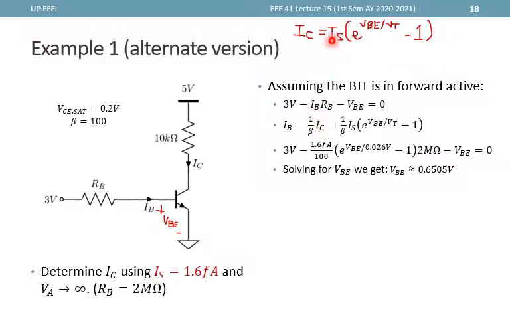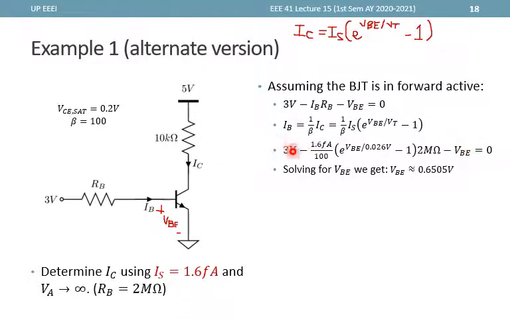But IC is equal to this equation here, so IB is 1 over beta times IS times (e to the VBE over VT minus 1). Substituting this IB expression into this equation, we have 3 volts minus 1.6 femtoamperes over 100 times (e raised to the unknown VBE over 0.026, assuming room temperature, minus 1). So that's IB times RB, which is 2 megaohms, minus again the unknown VBE.